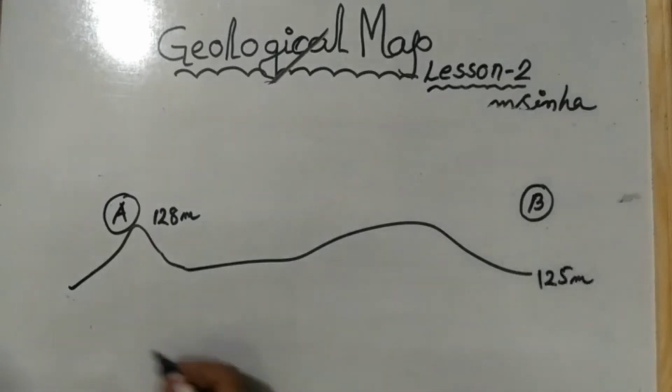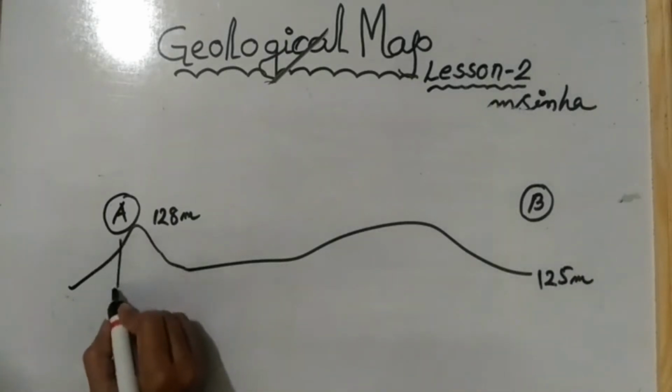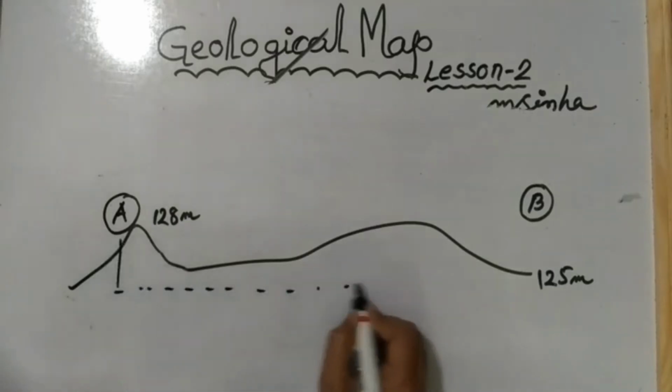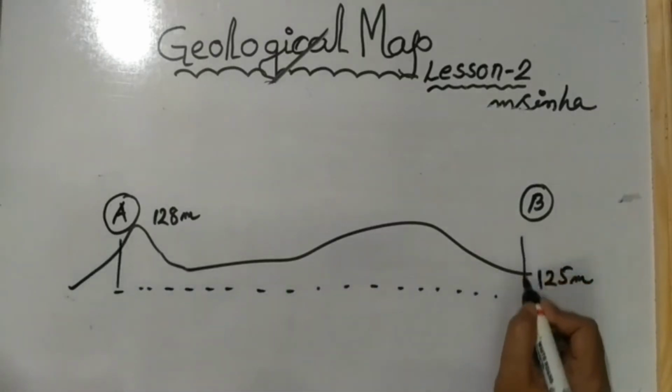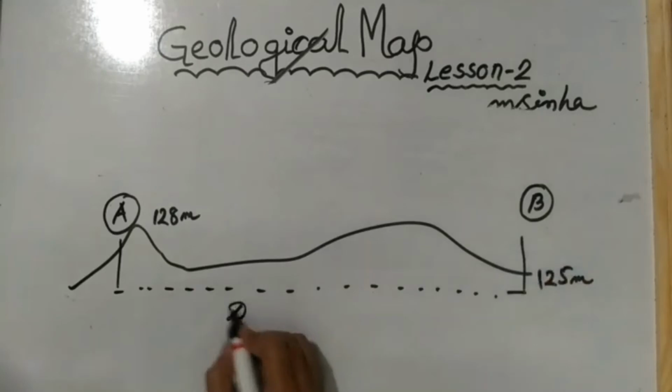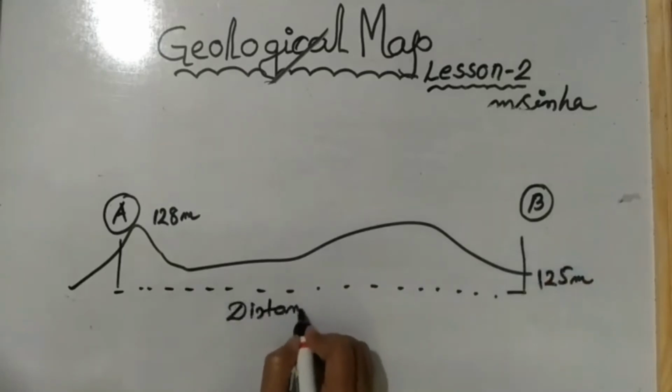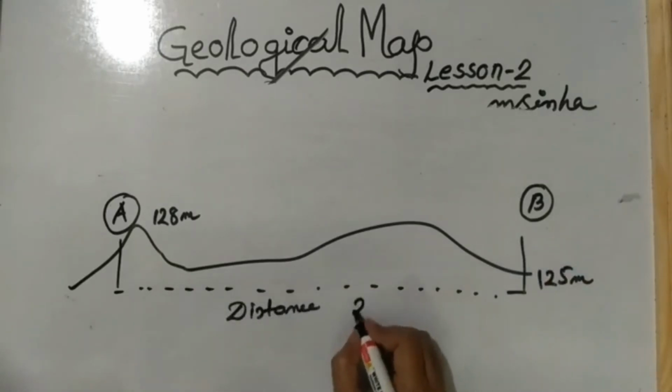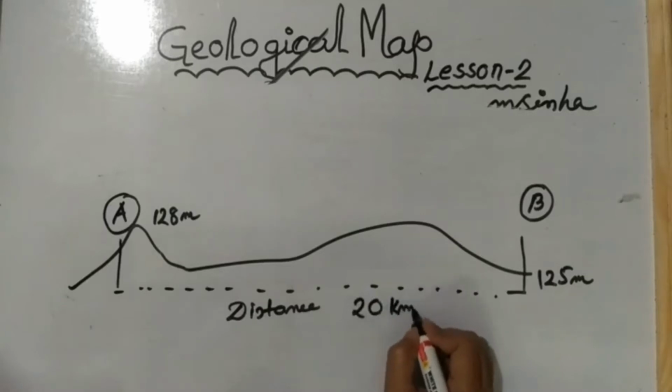A starts walking to reach B, and the distance between A and B is suppose 20 kilometers. So what is the angle between A and B?